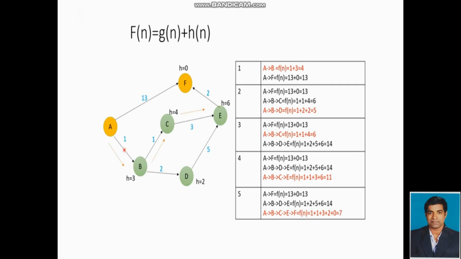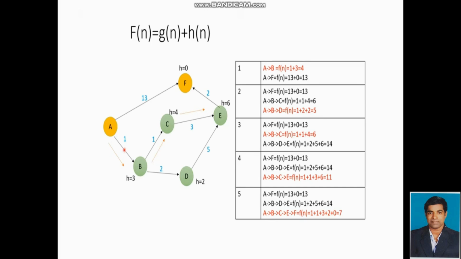The h of n value is taken for node C alone, not the other nodes, whereas for g of n we take A to B and B to C, 1 plus 1 plus 4, and now we get 6. Similarly for A, B, D, the h of n value is taken at node E, and we get 6.